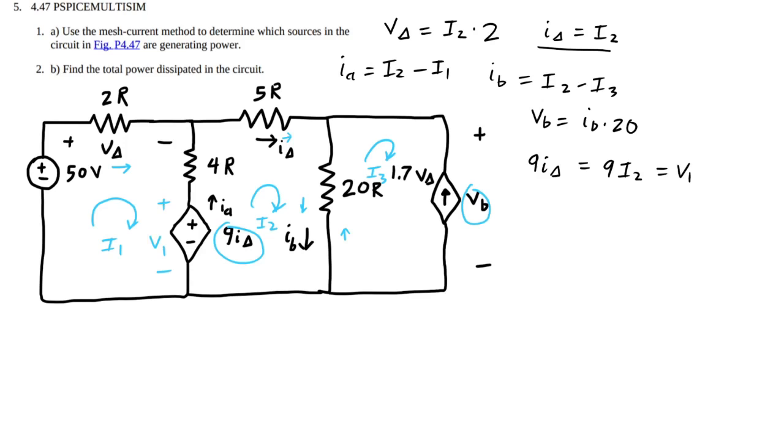So you can do that another time with the other source. The other source is 1.7 V delta. We have an expression for V delta up here. So 1.7 V delta is going to equal 1.7 times I1 times 2.